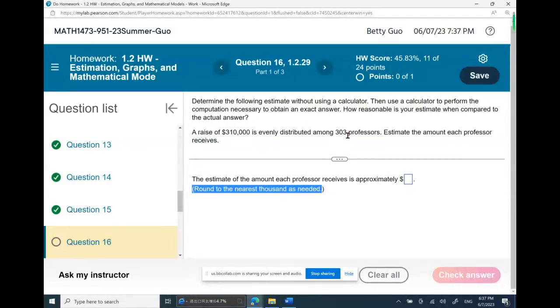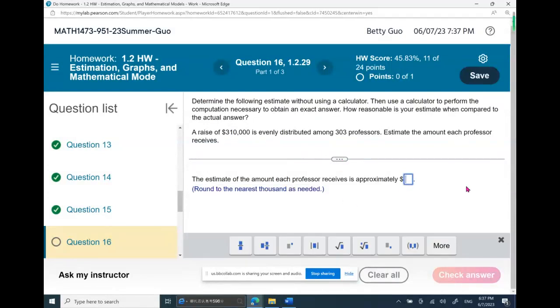And the number of professors, I also round the number down. 303, just around 300 professors, right? So 300. Yeah, 300 grand divided by 300. Now that is 1 grand for each person, right? 1 grand for each person. And rounded to the nearest 1,000, it is 1,000.